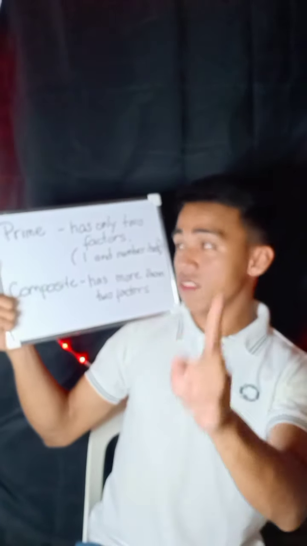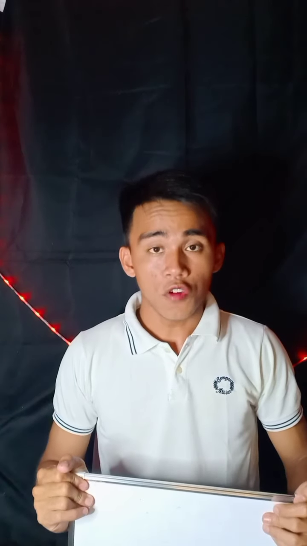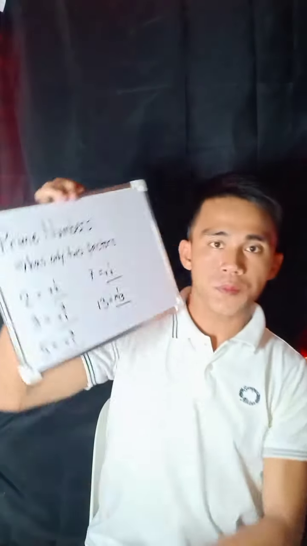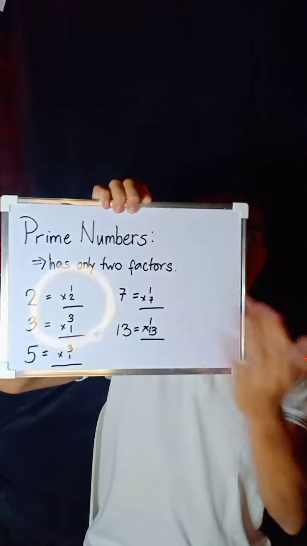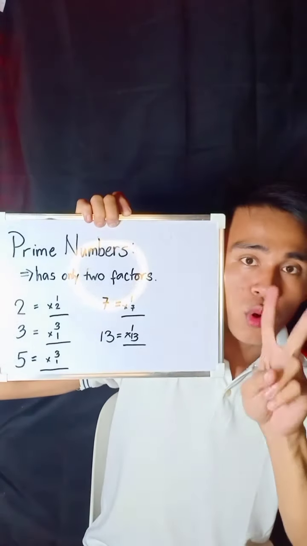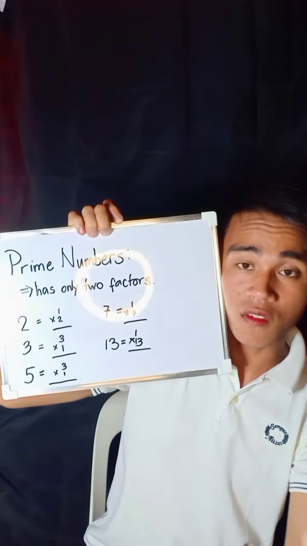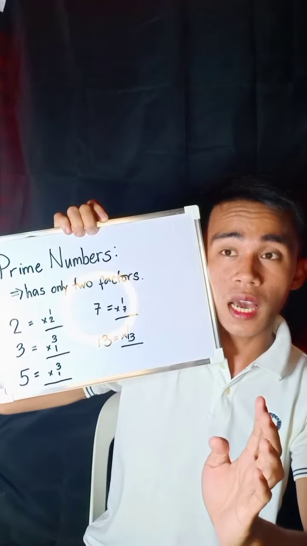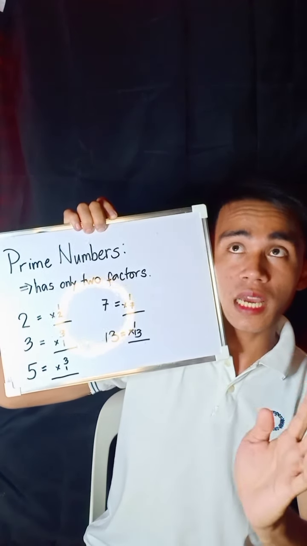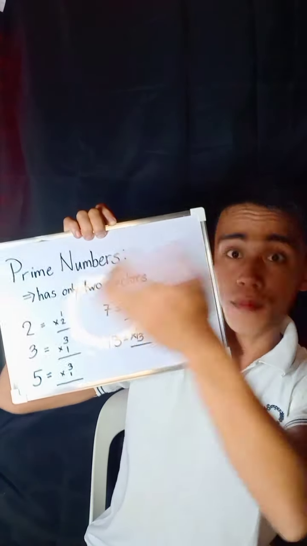For example, I want to show you examples of prime and composite numbers. And these are the examples of prime numbers. A prime number has only two factors, meaning only two numbers you can multiply. There is no other number that can be used, only the number 1 and the number itself.